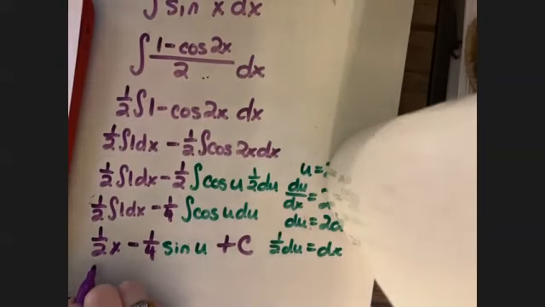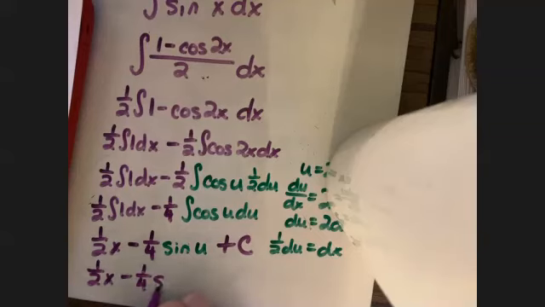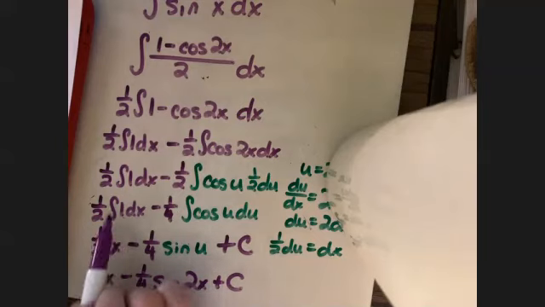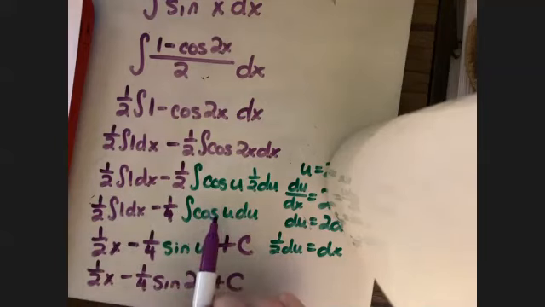So now this is going to be 1/2 x minus 1/4 sine 2x and then plus a constant. And again, if you separate these, the little constants, you can call them like C1 and C2, you can put them all together into one big constant.